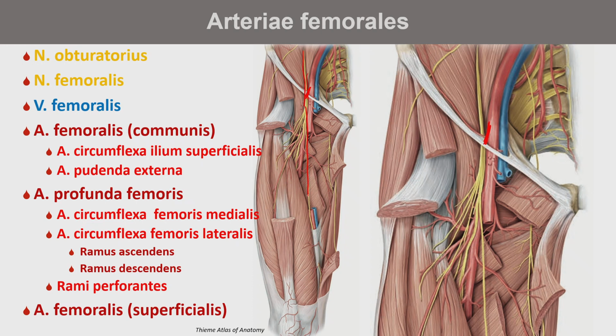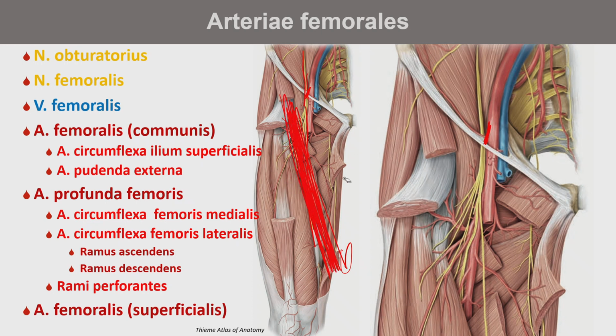From the femoral nerve is then going a branch of the femoral nerve, which is called saphenous. The saphenous nerve is going then with artery and vein along a long muscle, which is here cut off, and this muscle is sartorius.